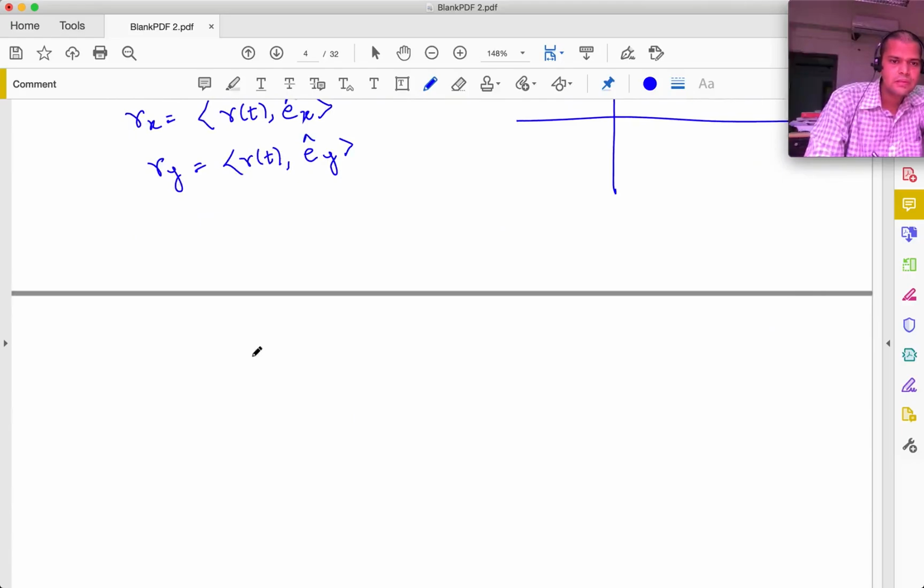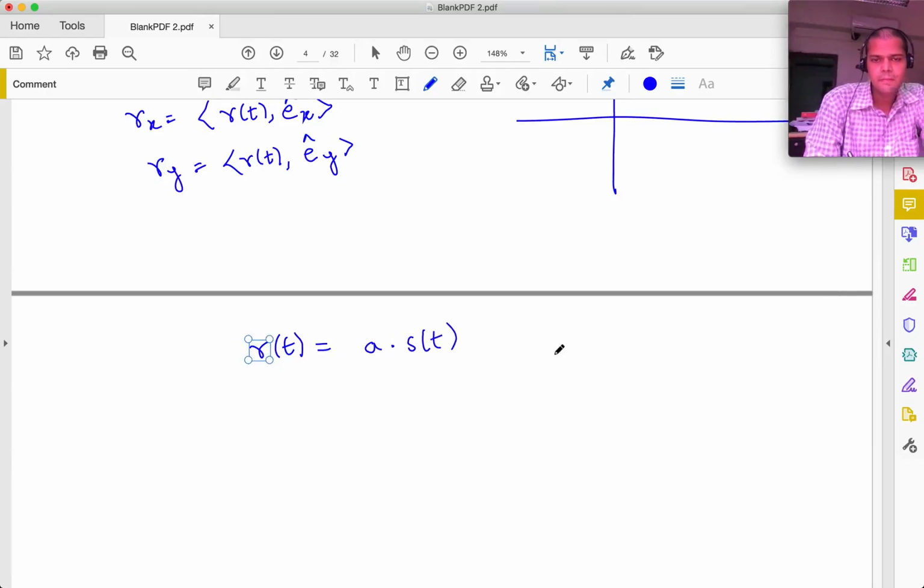So let's say that my received signal is some attenuated version of the sent signal. I'm forgetting about multiple paths. Just one path, and there is some attenuation, plus noise, and this is additive white Gaussian noise.